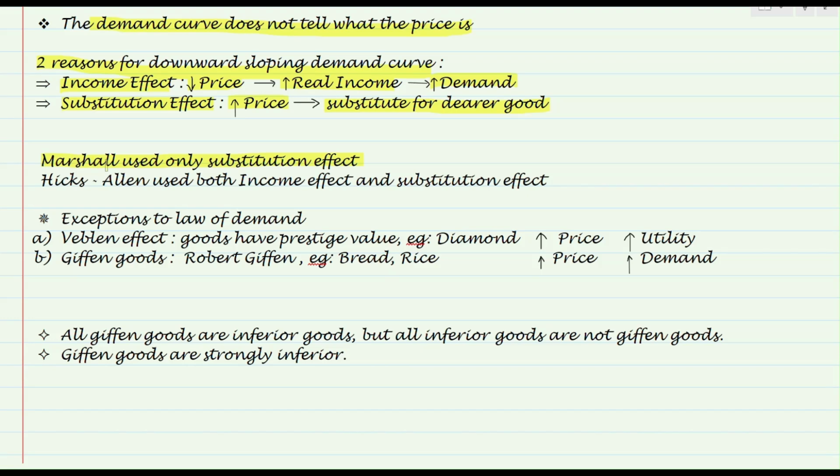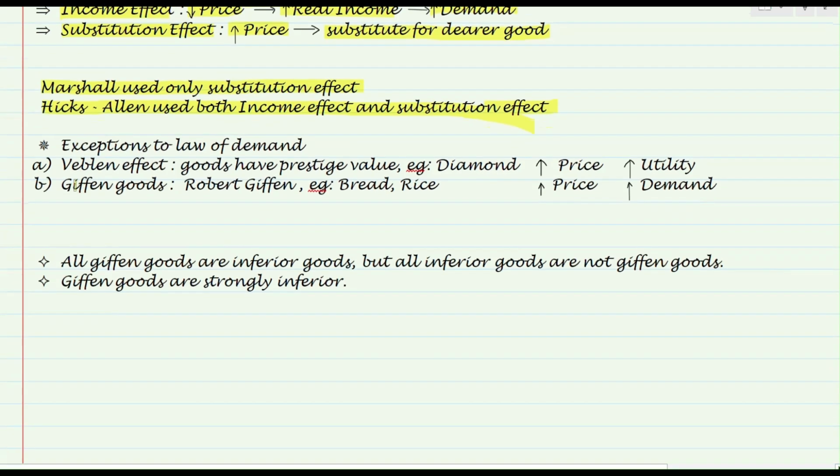In his theory he used only the substitution effect, whereas Hicks and Allen used both the income and substitution effect. So Hicks gave his compensated demand and Marshall gave uncompensated demand. We will look more deeply into it in future videos.